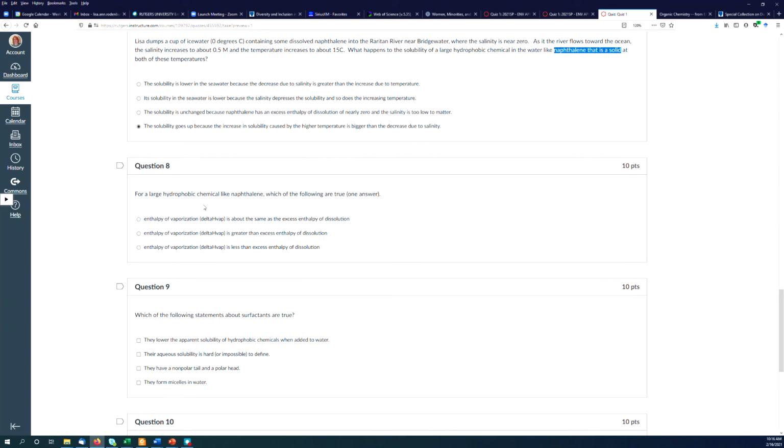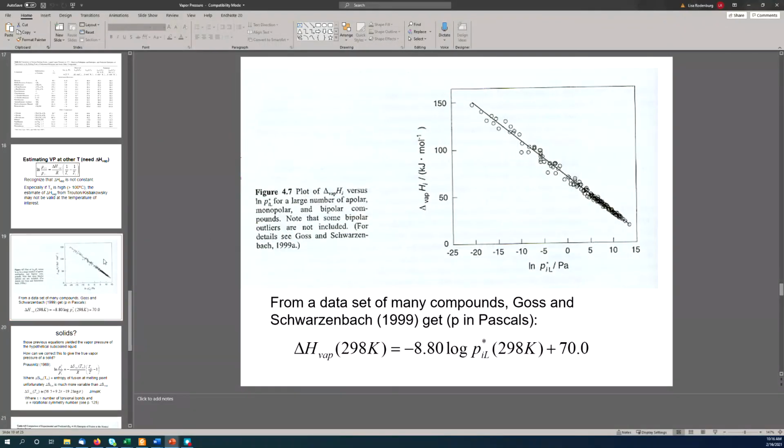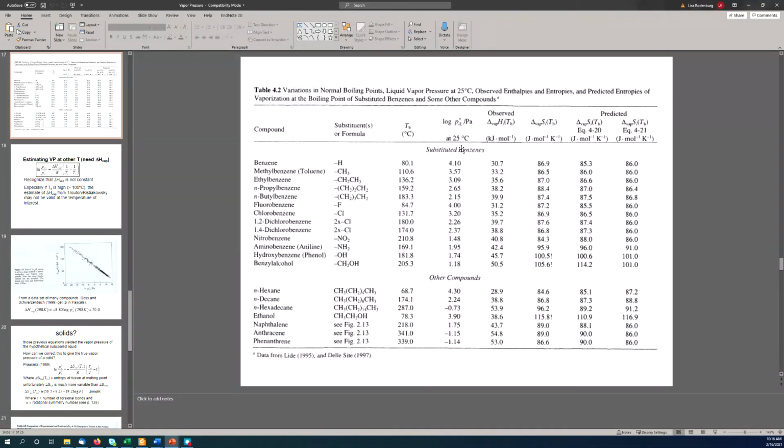Okay, for a large hydrophobic chemical like naphthalene, which of the following are true? And this is again related back to the question about which is easier to estimate. If we look at some of our lecture notes, here's some data on delta H of vaporization. There's naphthalene, 47.3. But anyway, 30, 40, 50, even maybe up to 60 kilojoules per mole.